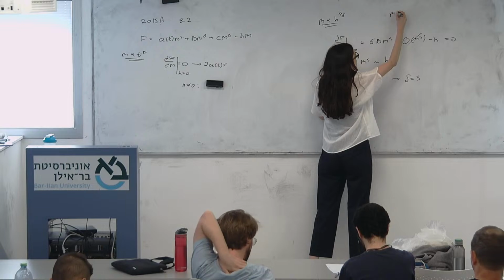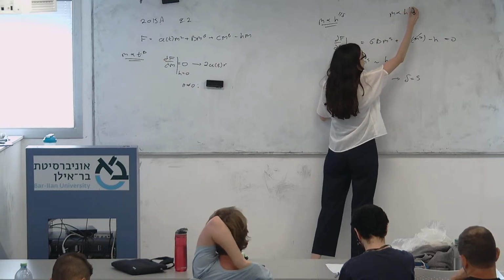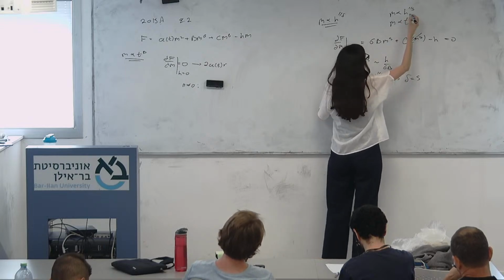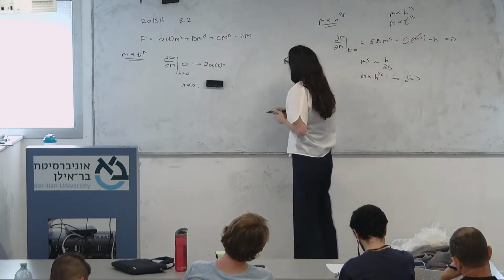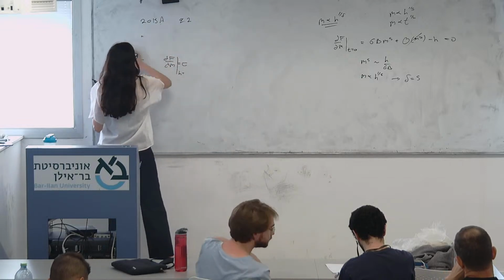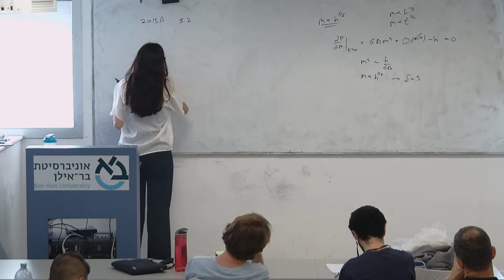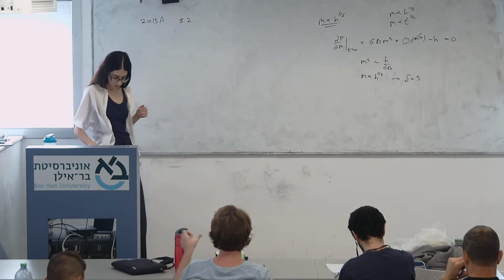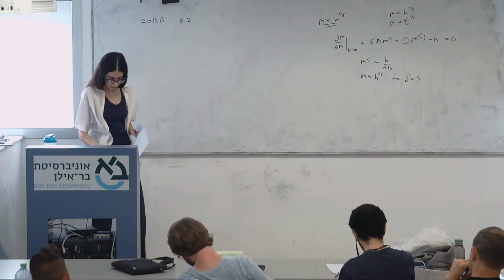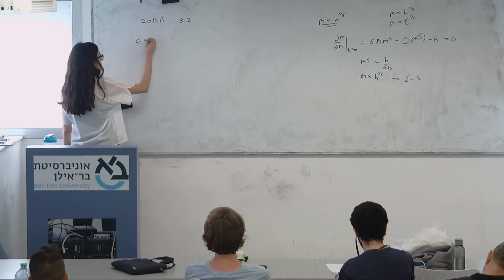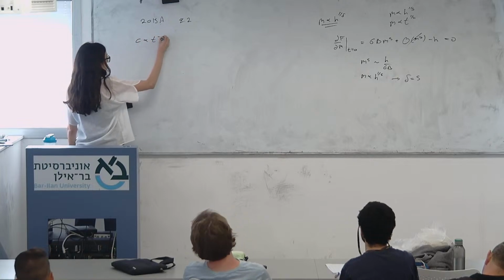So m is h to the 1 over 5, and we got out with the temperature it was 1 over 4, right? So the exponent of the specific heat is alpha. So C goes like T to the minus alpha.